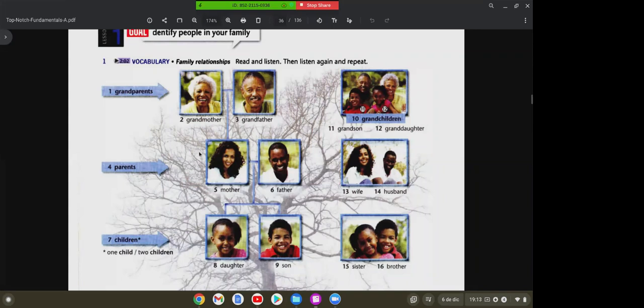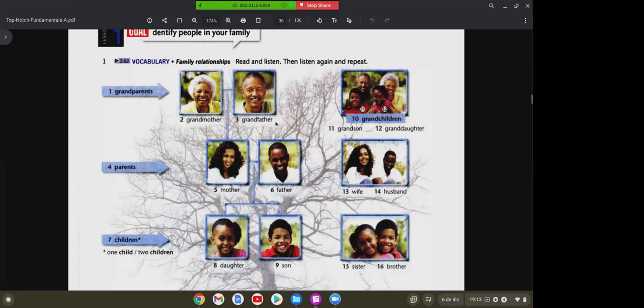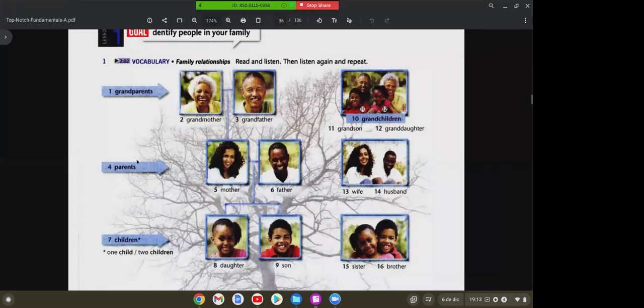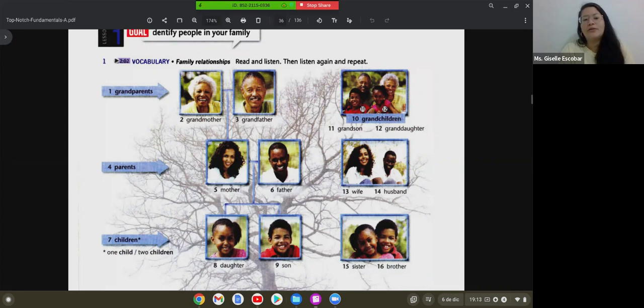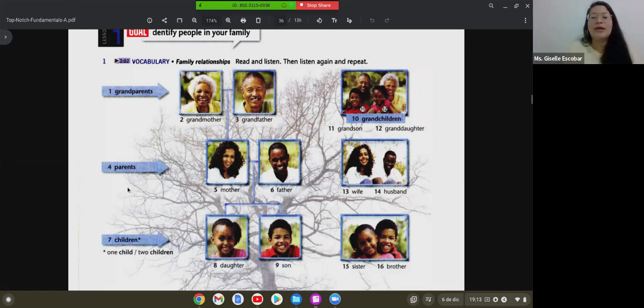Es básicamente lo mismo. Grandma significa grandmother and grandpa means grandfather. Solo es una manera un poquito más cariñosa de decirlo. No es informal, es simplemente una forma más cariñosa de decirlo.